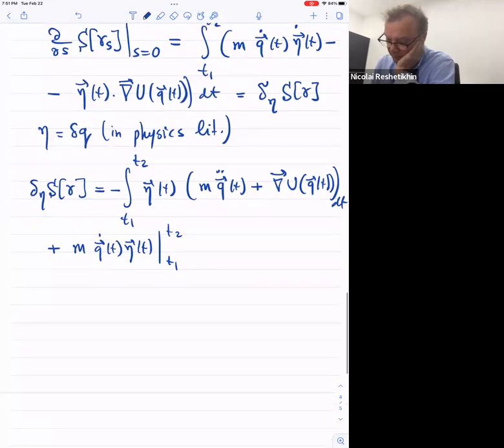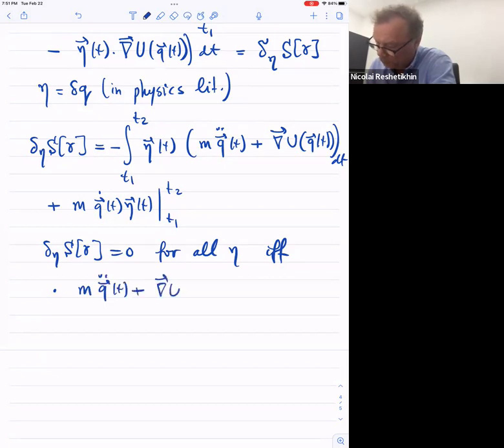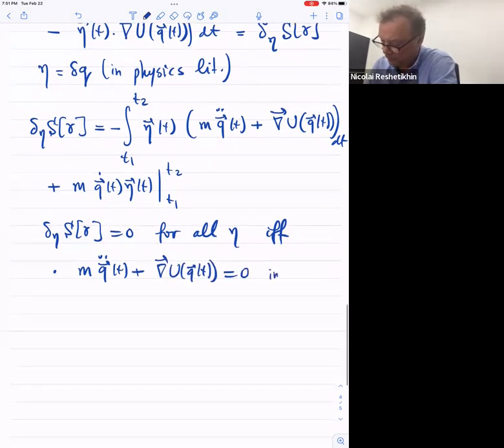Now you can see that the variation of S at gamma in the direction eta is 0 for all eta if and only if, in the bulk, meaning when t is strictly inside of the interval, we have the differential equation, which is exactly Newton's differential equation for q t.